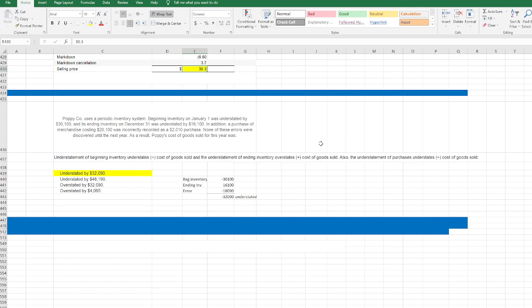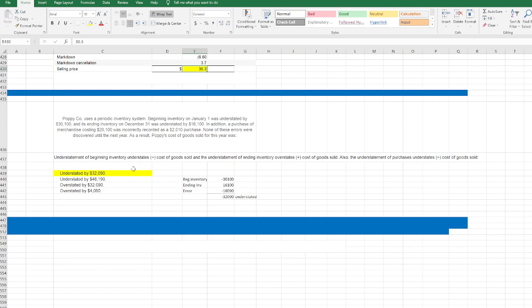Its ending inventory was understated by 16,100. In addition, they purchased 20,100 but recorded it for 2010. So that is just a dropped zero there. None of these errors were discovered until the next year. Poppy's cost of goods sold for the year was understated, overstated.